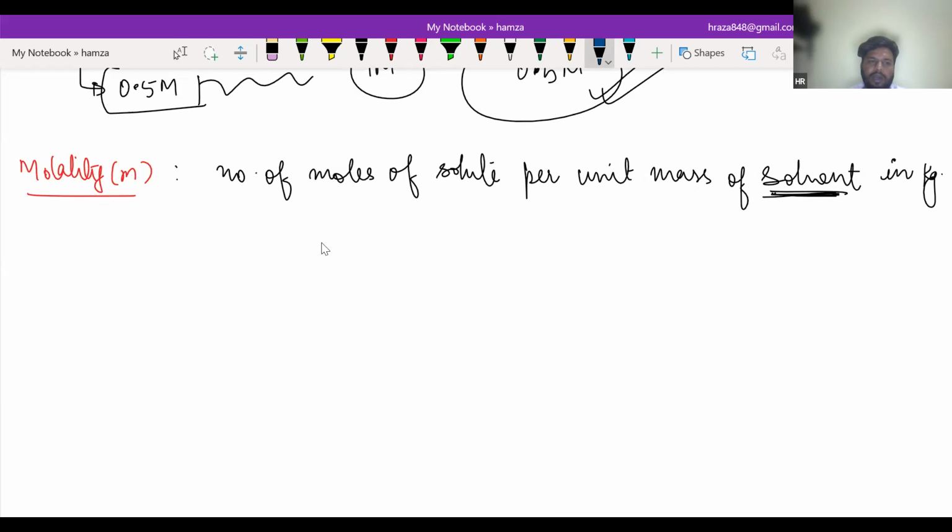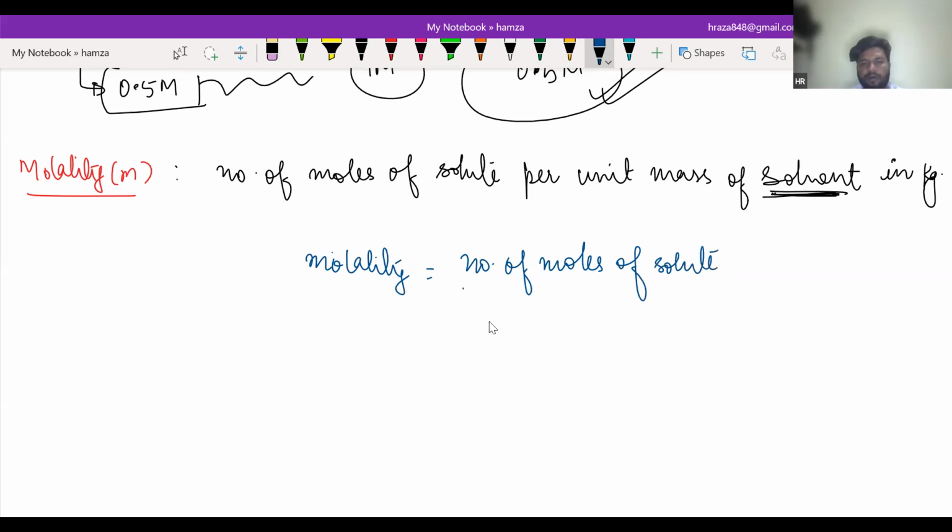So molality is basically number of moles of solute upon mass of solvent in kg.